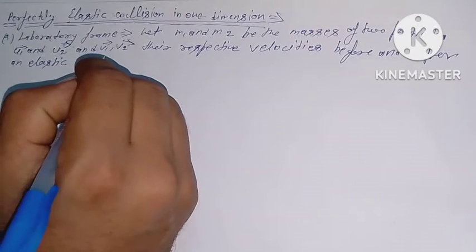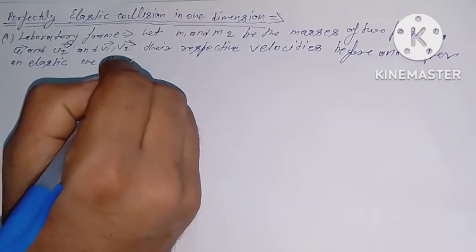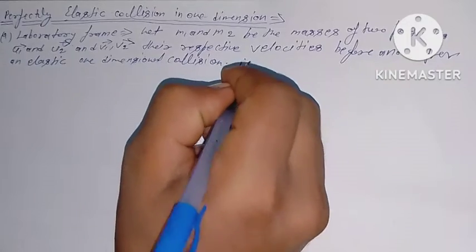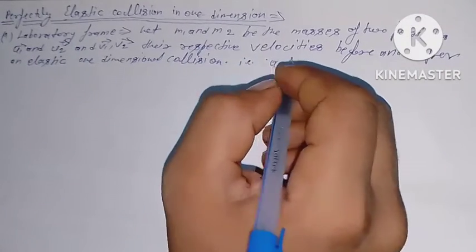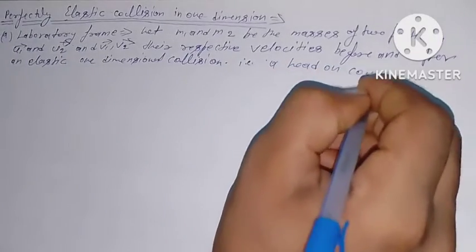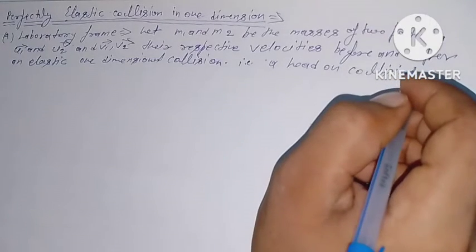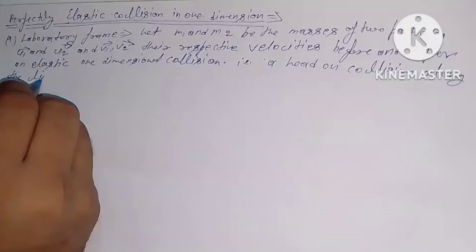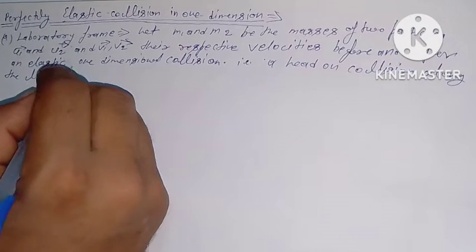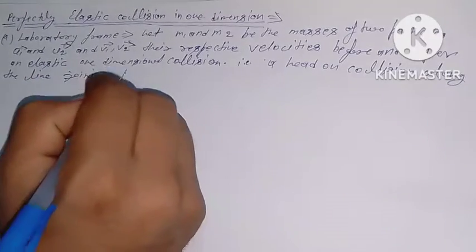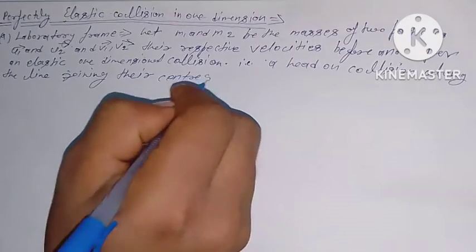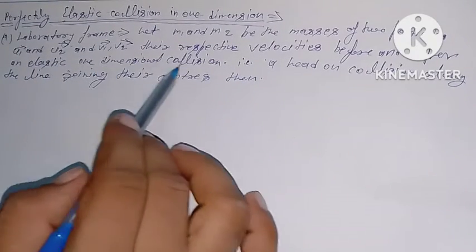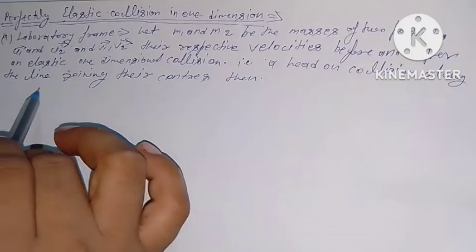An elastic one-dimensional collision is a head-on collision along the line joining their centers.